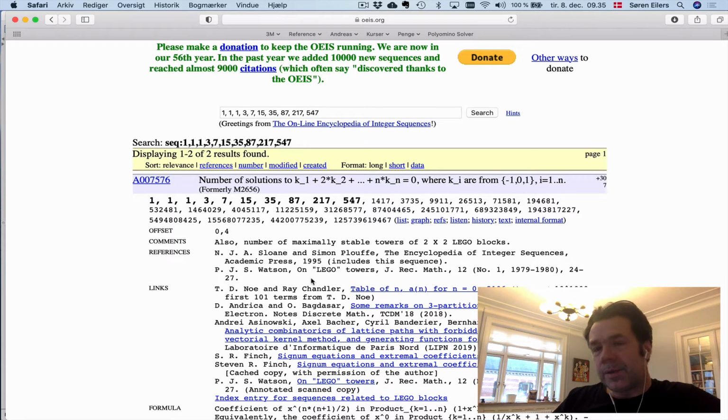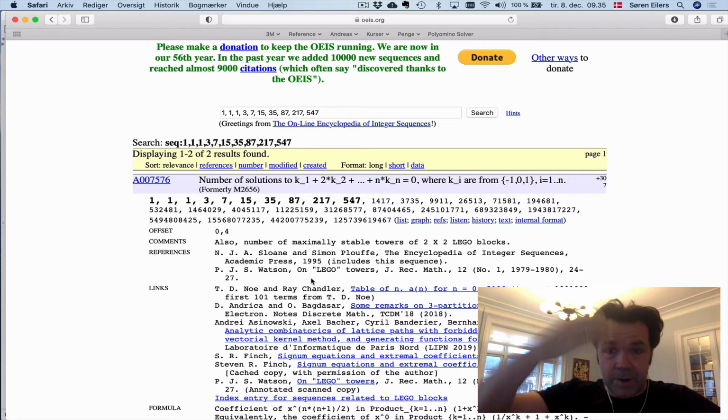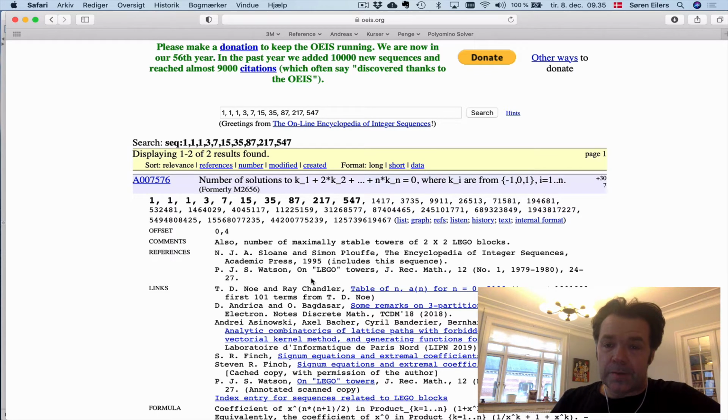Well, suppose I have this tower of Lego bricks, and I want to count only the ones that have the maximal stability. Essentially, you fix the base brick, then you think of the next brick and of moving it, because there are three choices: either you put it straight on top, once to the left, or once to the right.